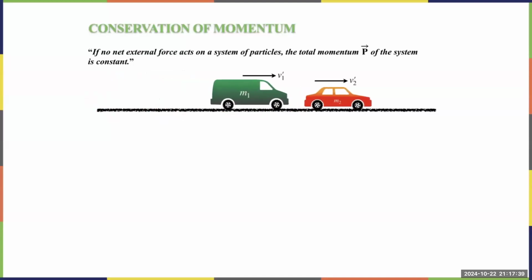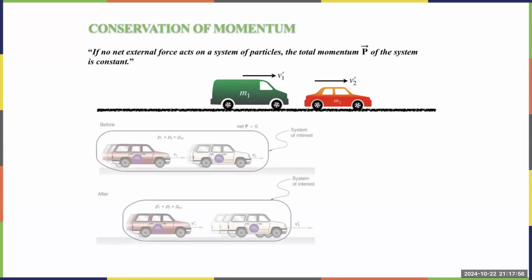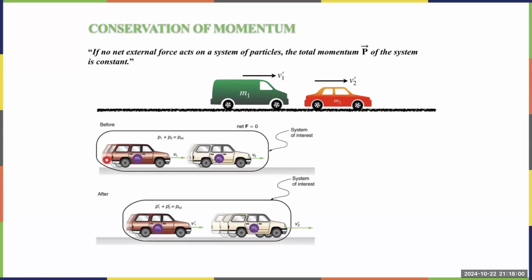Now, if the van is moving faster compared to the sedan, it hits the car, and then the van will have a different velocity compared to this car, right? So here we have this M1 and another car, M2, moving with some velocities.